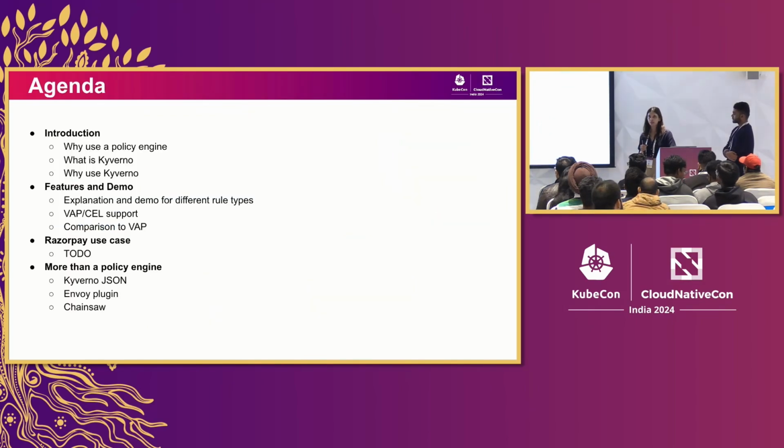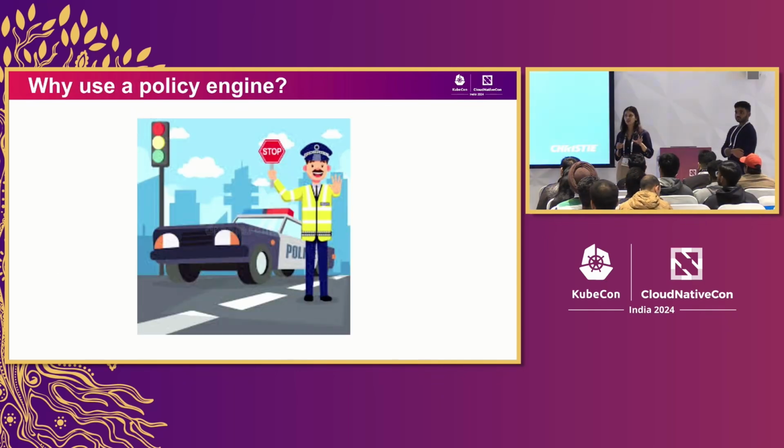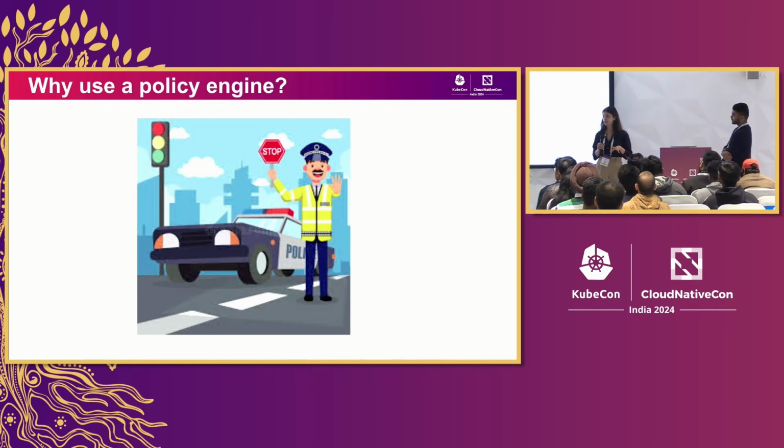Kyverno is a Kubernetes native policy engine. But let's stop right there and understand what a policy engine is first, right? A policy engine, to understand very easily, is kind of like a traffic cop. A traffic cop would make sure there are traffic rules and regulations and people follow them. They'll make sure there are no wrong entries, no people not wearing seat belts, people are abiding by rules.